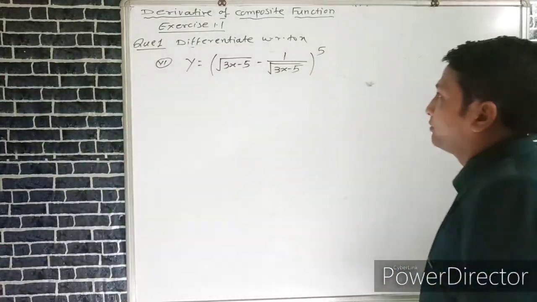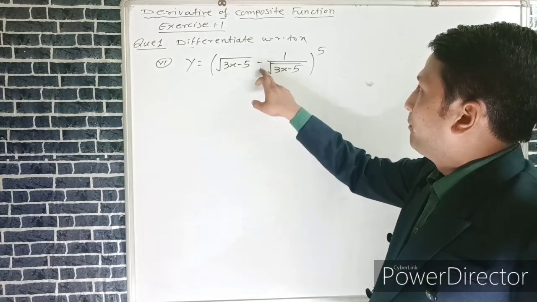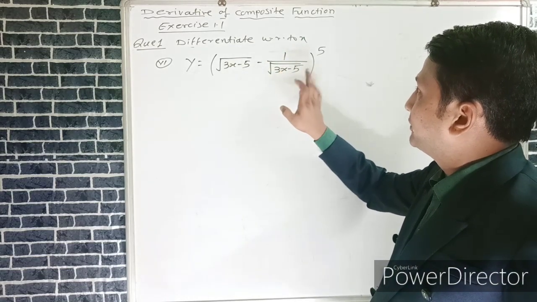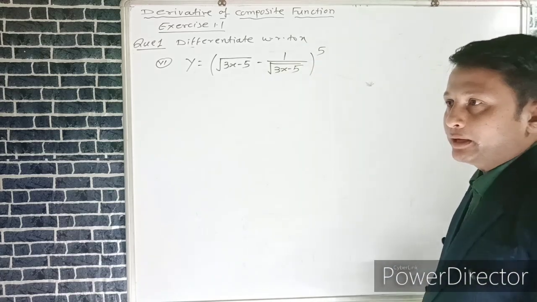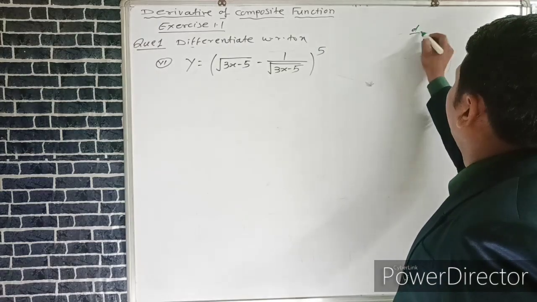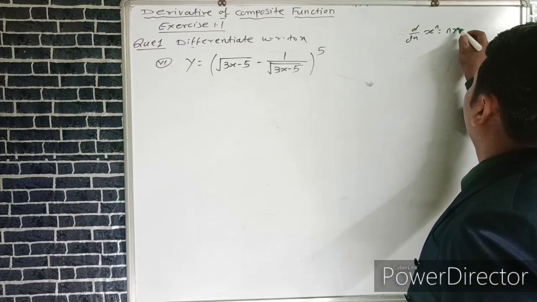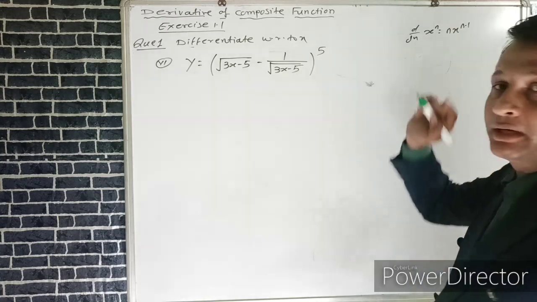Next, the given example is in the form of (√(3x − 5) − 1/√(3x − 5)) whole raised to the power 5, and we can apply here the derivative of x raised to the power n, which is n into x raised to the power n − 1, directly.